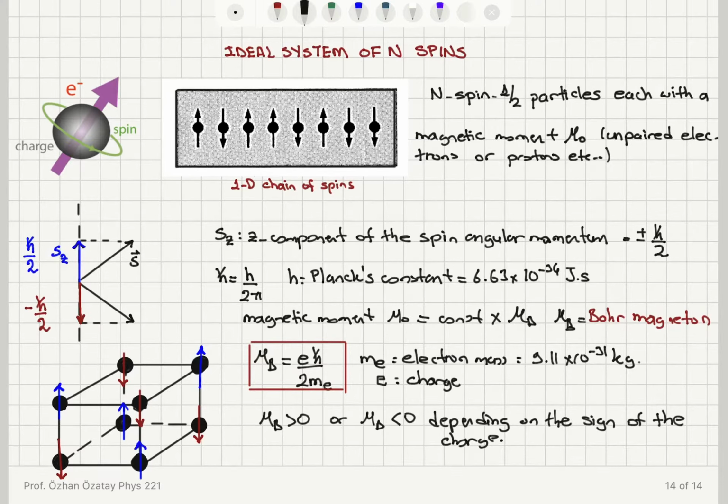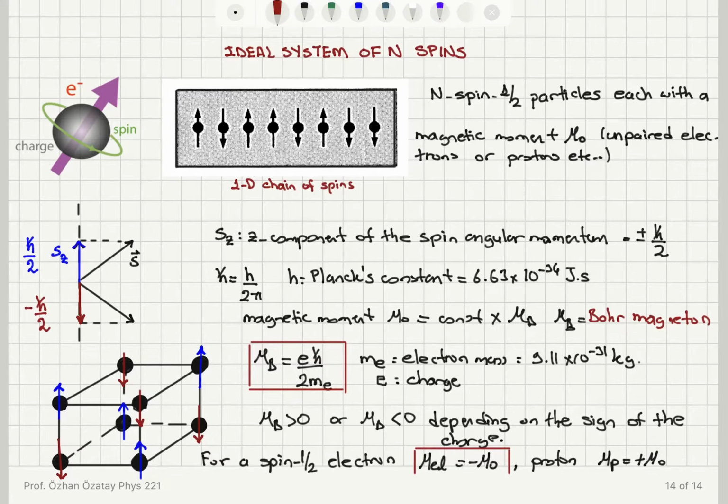So for a spin 1/2 electron, we're going to have the mu electron is equal to minus mu 0, and for a proton we have mu proton is equal to plus mu 0. So we're going to consider the effect of sign of charge. So for electrons it's minus mu 0, for protons it's plus mu 0.